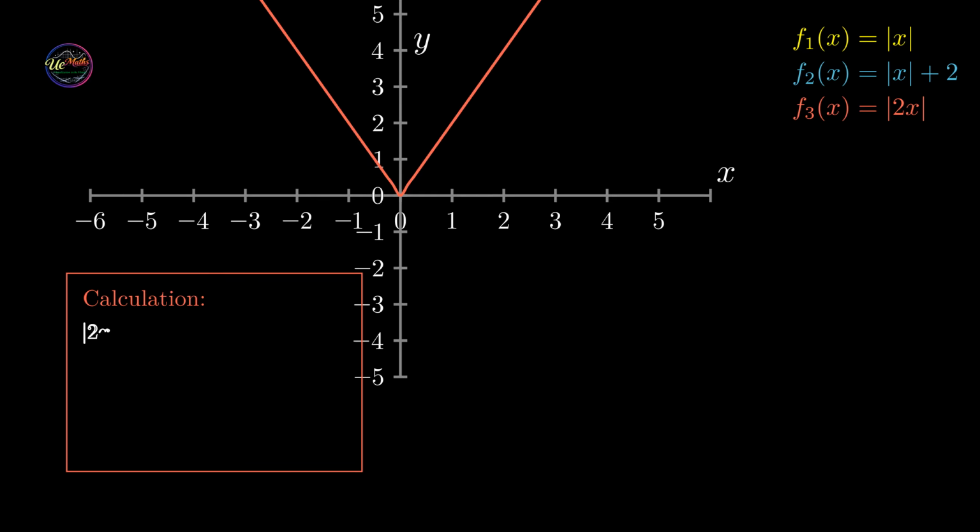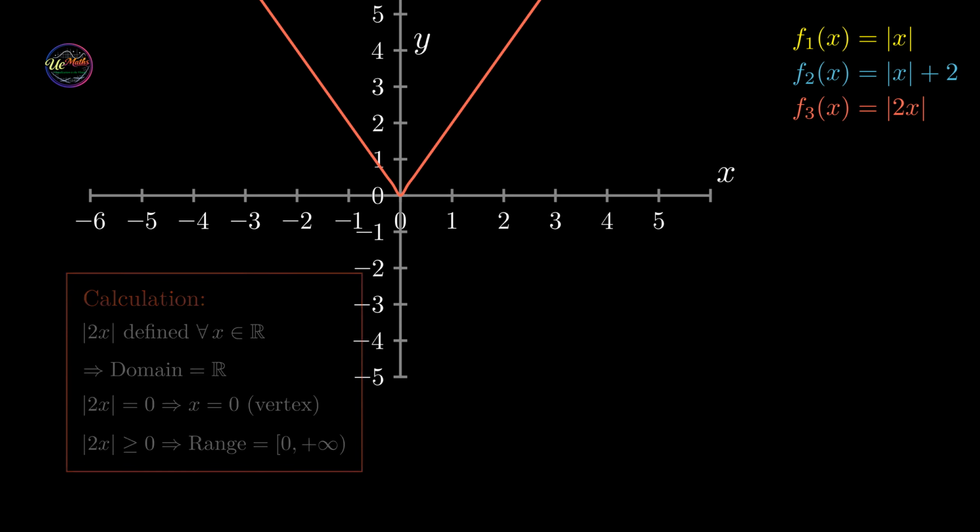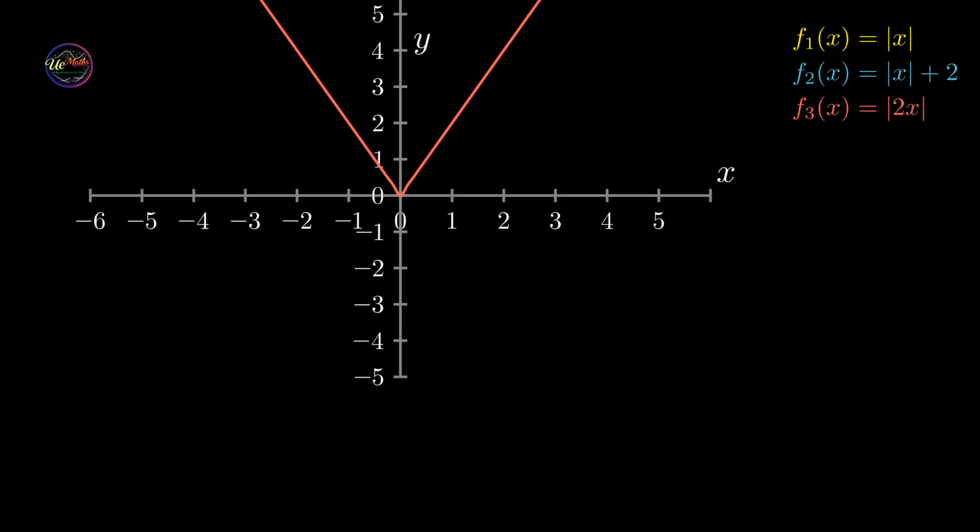The red curve shows f of x equals the absolute value of 2x. The expression 2x is defined for every real x. So the domain is still all real numbers. The absolute value of 2x is 0 only when x equals 0, and positive everywhere else. Multiplying the input by 2 squeezes the graph horizontally, but does not change the minimum value.